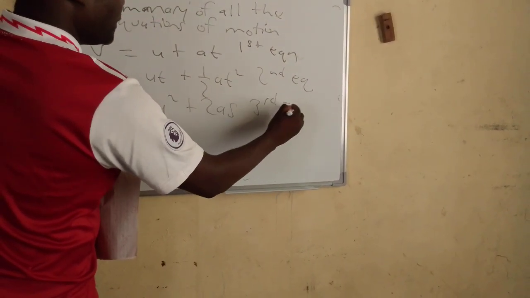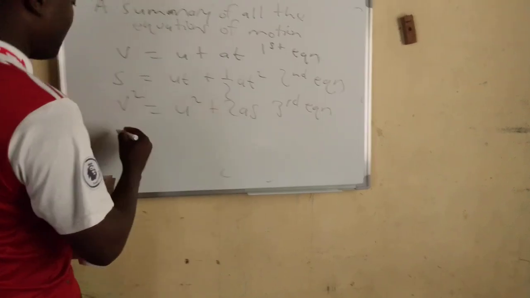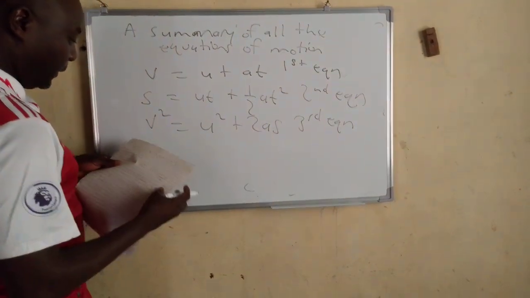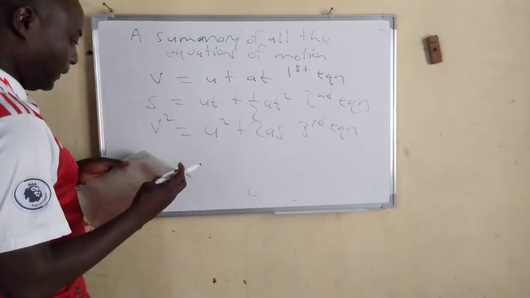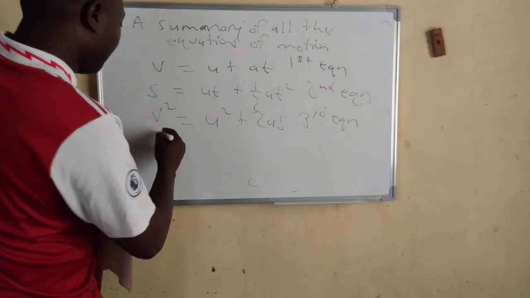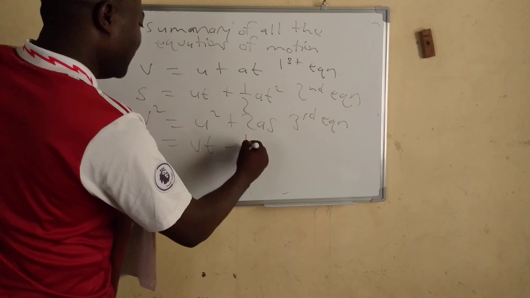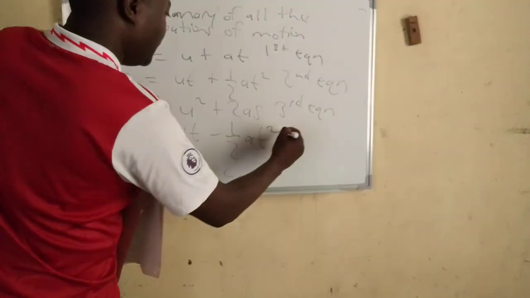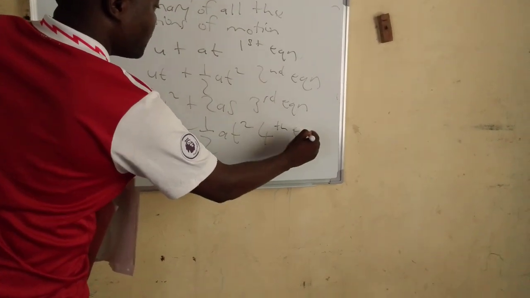And s is equal to vt minus half at squared is the fourth equation.